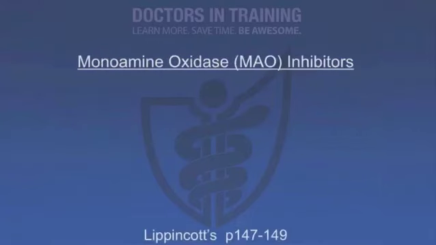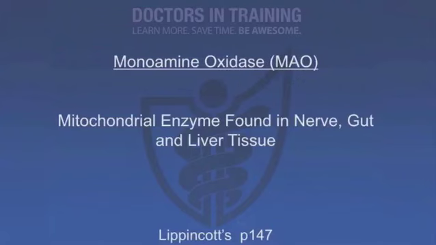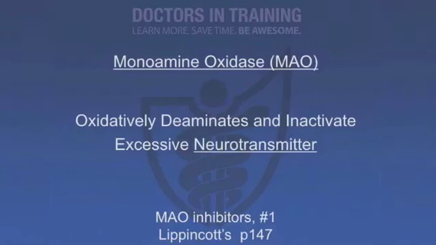Let's next learn about monoamine oxidase inhibitors. Monoamine oxidase is a mitochondrial enzyme found in nerve and other tissues, like your gut and your liver. In the neuron, MAO functions as a safety valve, so it's going to oxidatively deaminate and inactivate any excess neurotransmitter that may leak out of the synaptic vesicles when the neuron is at rest.